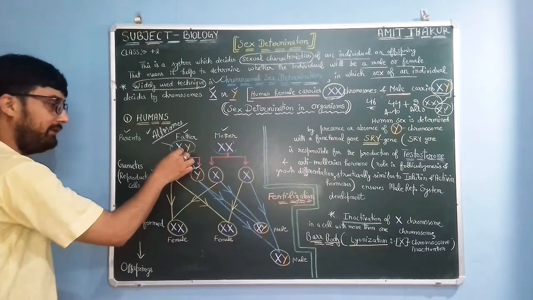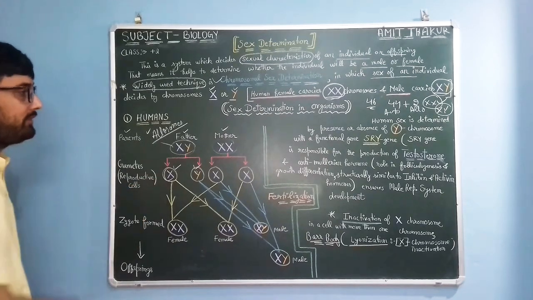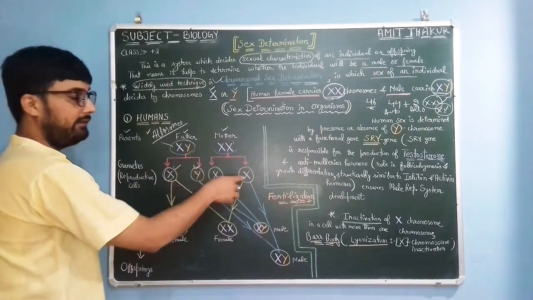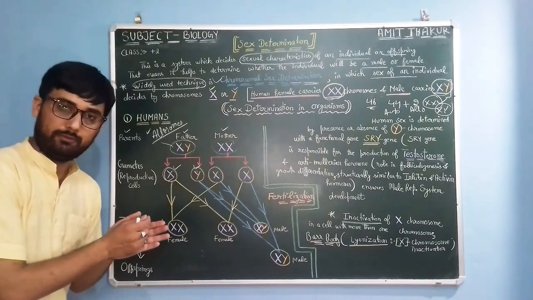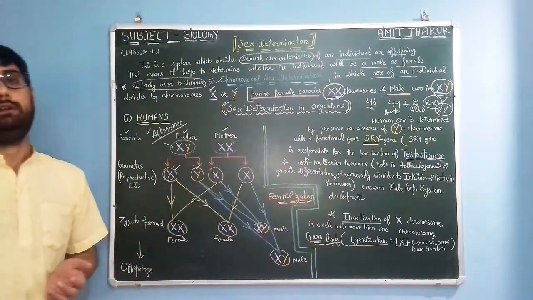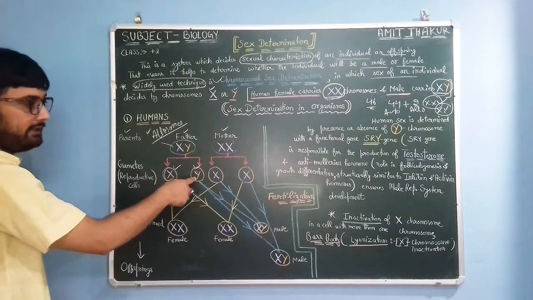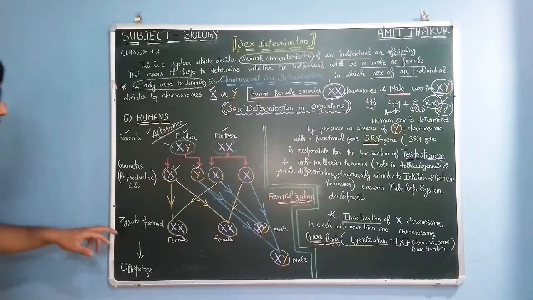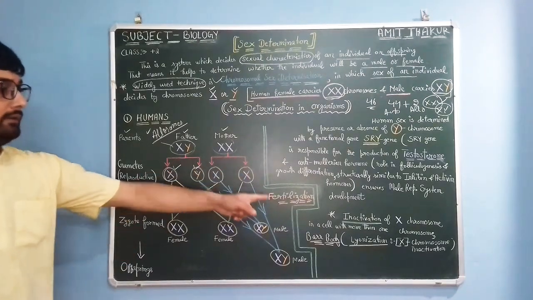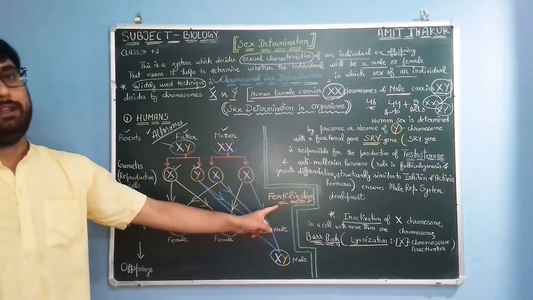From this XY, the X goes here and the Y goes here. Segregation is taking place. Similarly, in the case of the mother, X and X. Half the number of chromosomes will be transported, so one goes here and one goes there. Then next, the fertilization process takes place.